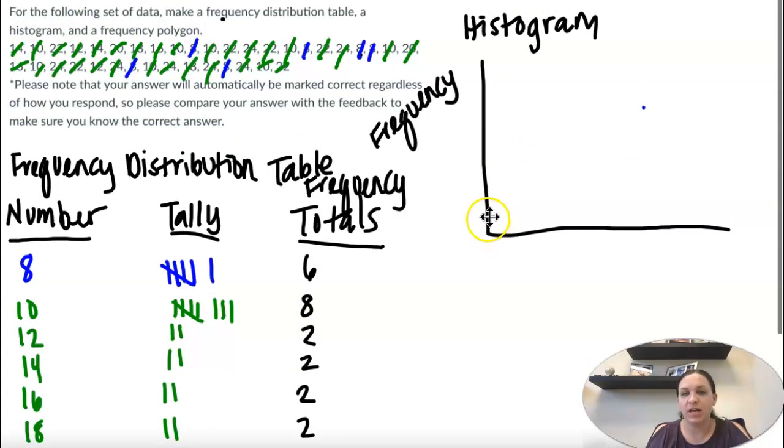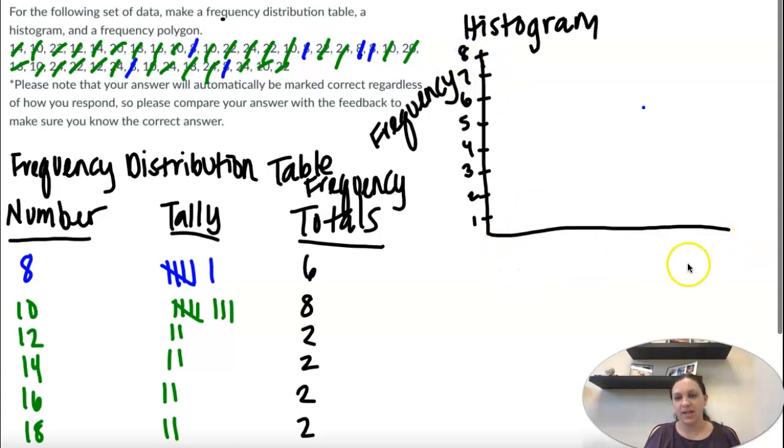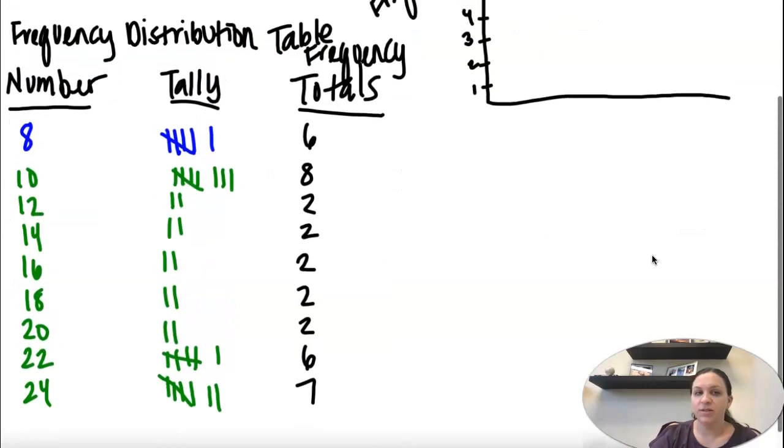So I'm just going to count by ones. 1, 2, 3, 4, 5, 6, 7, 8. And then our x-axis is usually a range of numbers. So if I did 8, 10, 12, 14, I would have 1, 2, 3, 4, 5, 6, 7, 8, 9 numbers across, which I could do.